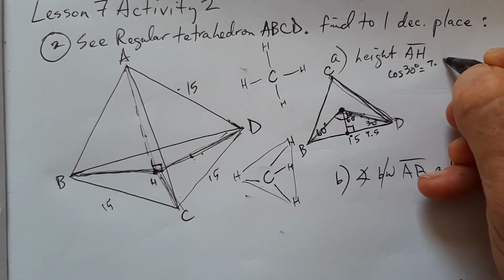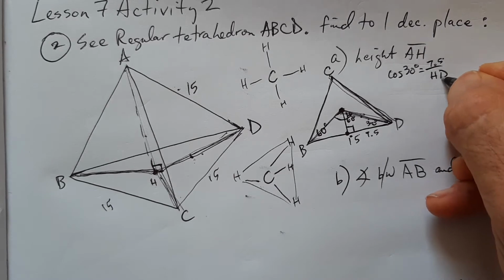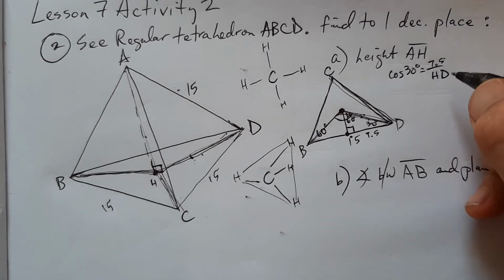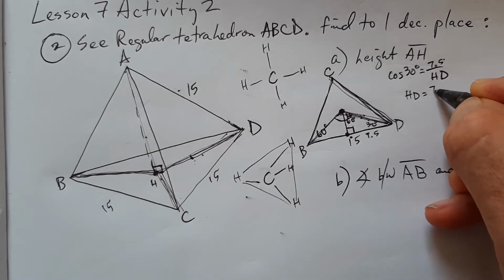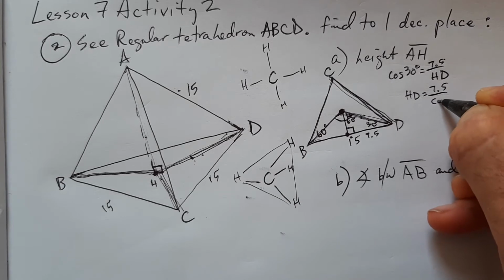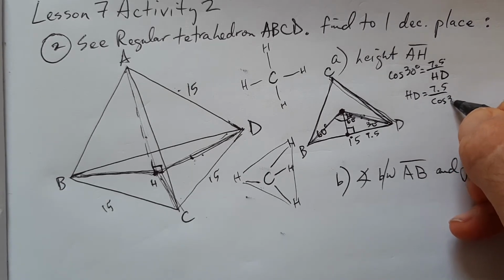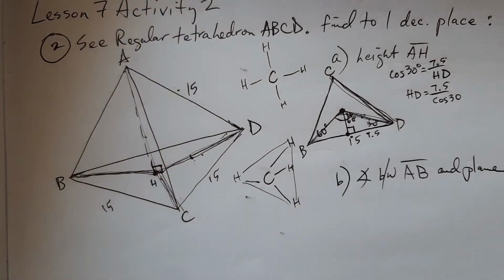the adjacent over, and this might not be the way you did it. I'm sure there's another way to do it. So HD, I'm going to get HD equals 7.5 over cosine of 30, which I know cosine of 30 is square root of 3 over 2, right?